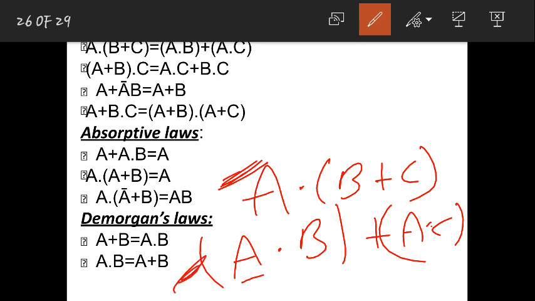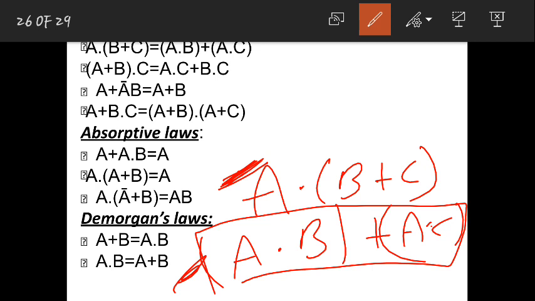So whenever you get such kind of expression in your equations, whenever you are trying to solve, you can easily deduce to this smaller one. Or else if you want to increase that, whenever you get A dot B plus C, you can directly substitute this, because in the place of this you just substitute 1 and 0, you will easily get a result. Okay, this both will be proved, this will be equal to this.